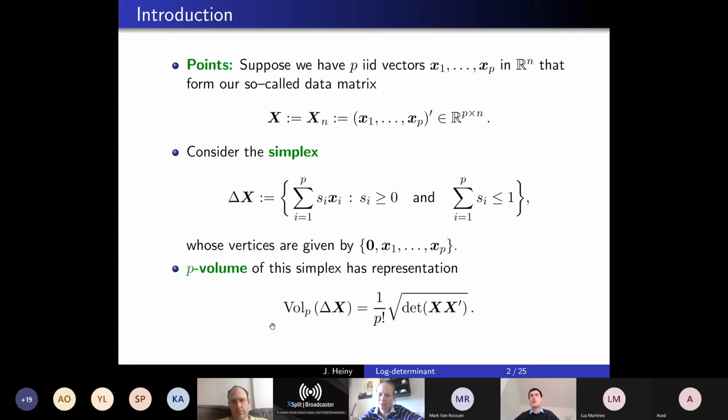And for this, we have the following representation, namely it can be written as 1 over p factorial times the square root of the determinant of x times x transpose. So since this is a random matrix talk, we will be thinking about this p-volume in terms of this determinant on the right-hand side.